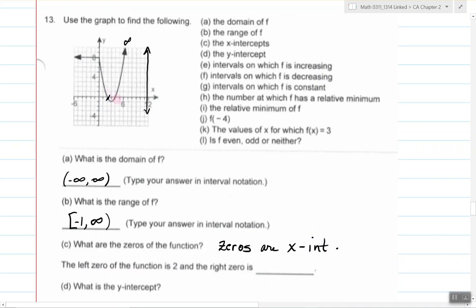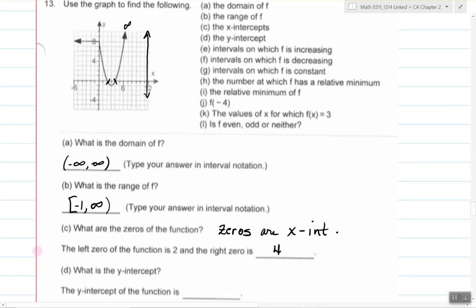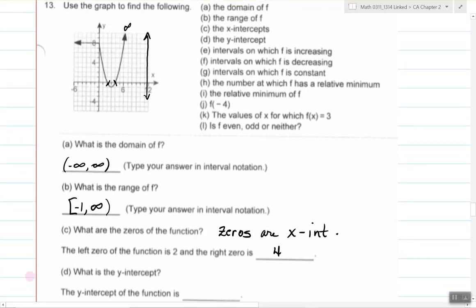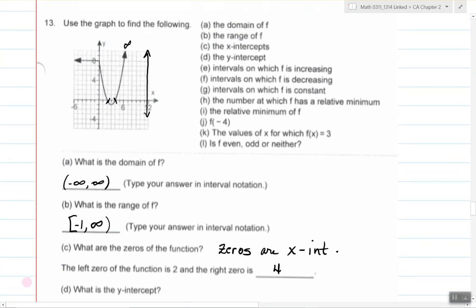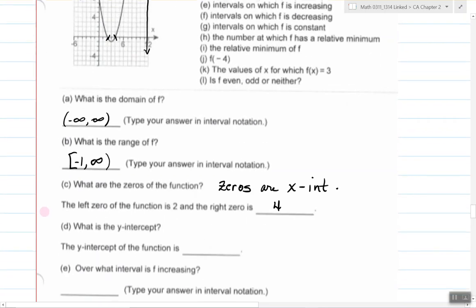And the right one is 4. It's kind of odd the way they just had us get one of them, but that's what they said. The y-intercept is right here, and that is 8.